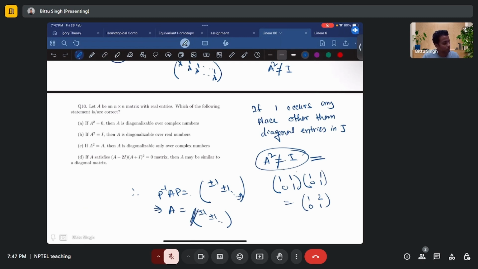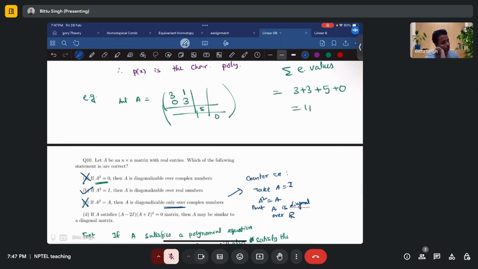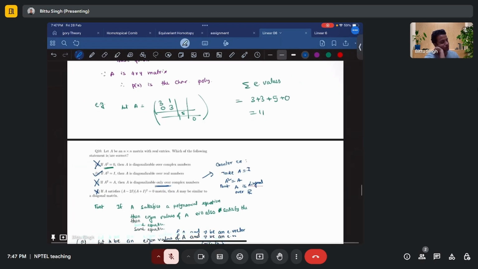So it is not clear whether A is plus identity or minus identity, but from here it is clear that A is diagonalizable. So B is true. Only B is the correct answer. This is true, that is false.